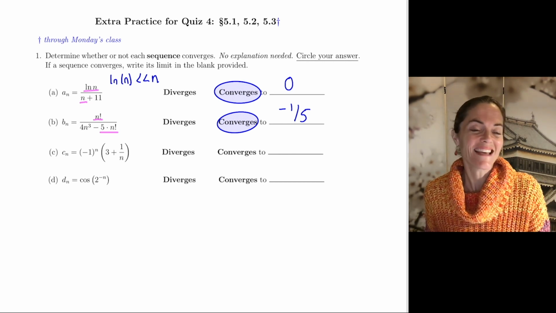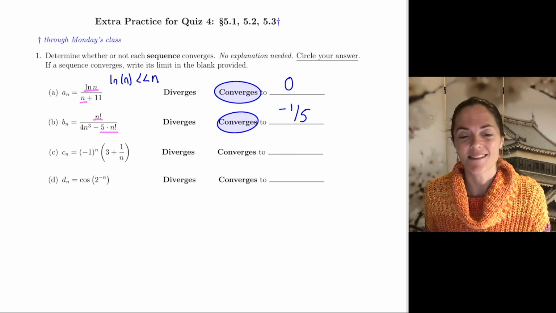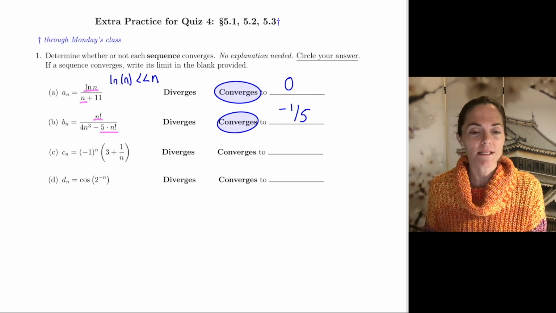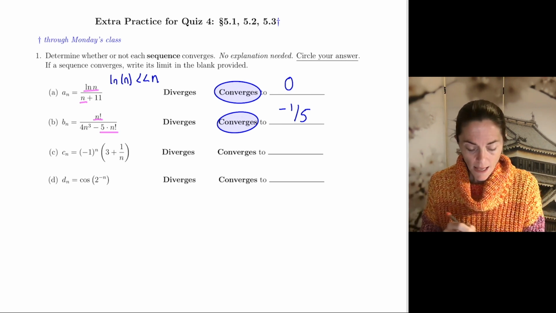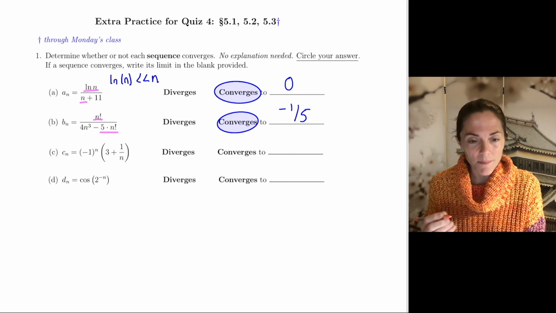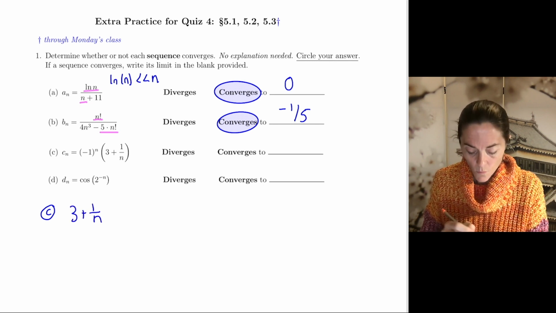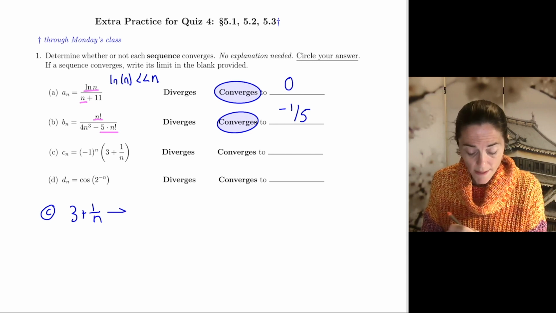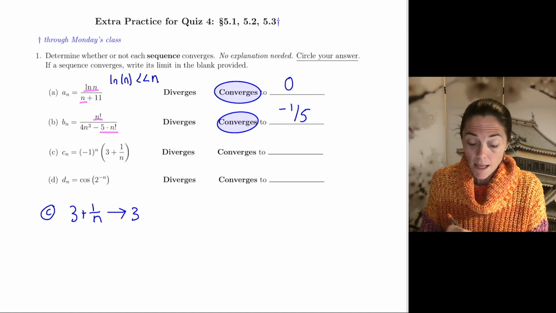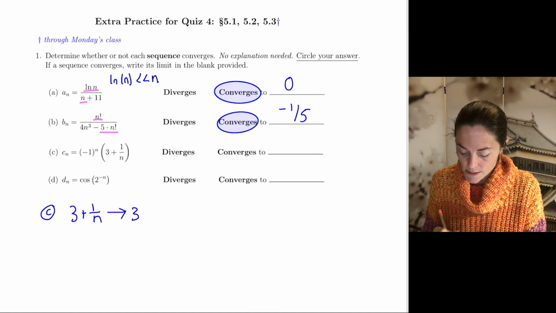Now for c_n. This sequence has a -1 to the n times something. The way that I do these problems, for part C, we look at this: 3 plus 1/n. As n grows without bound, this approaches 3. So what's happening to my actual sequence?